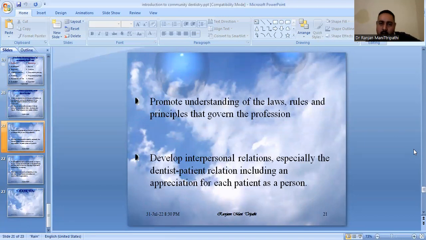It promotes the understanding of the laws, rules, and principles that govern the profession. It develops interpersonal relations, especially the dentist-patient relation, including an appreciation for each patient as a person.